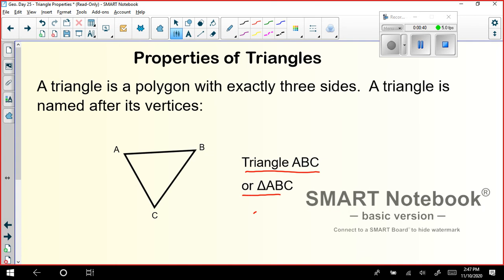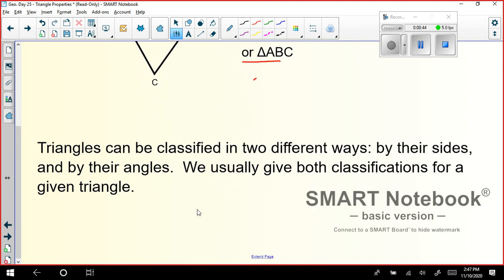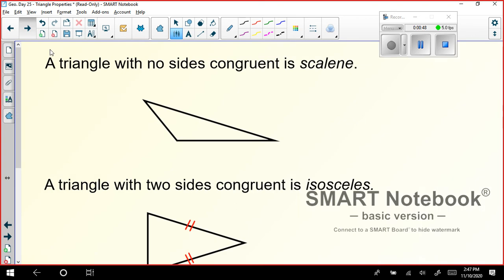Then we saw how to classify triangles based on its sides and angles. We had three ways that we could classify based on sides. That is scalene triangle, where none of the sides are equal. All of these sides are of different length.